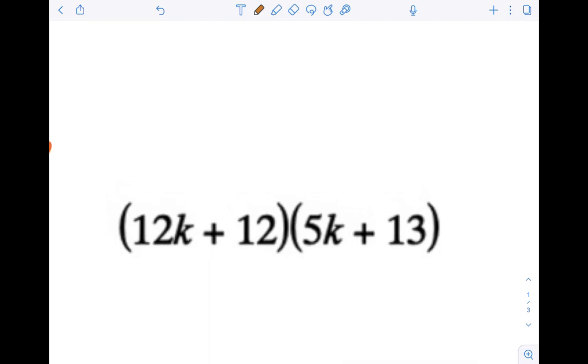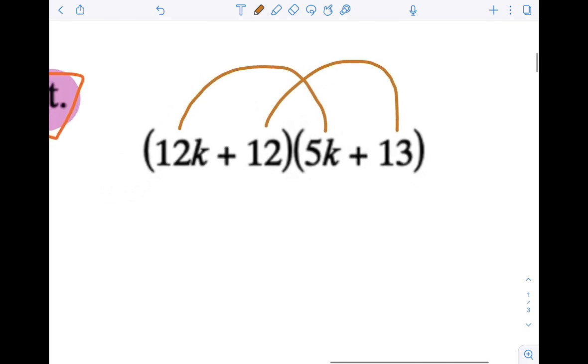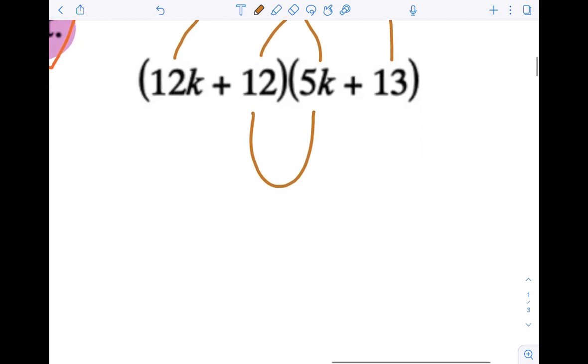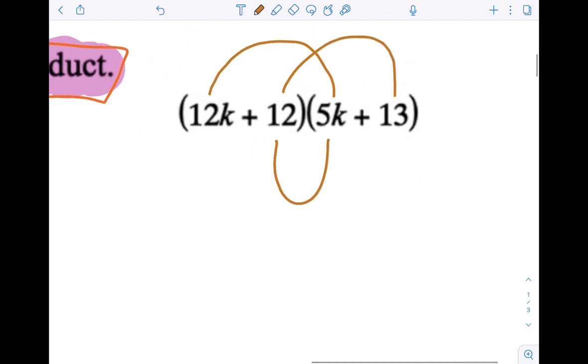So what I'm going to do is I'm going to draw one eyebrow from this 12K to this 5K. Then I'm going to draw my second eyebrow from this 12 to this 13. Then I'm going to draw my nose of my monkey here, and I'm going to do 12 times 5K. Then, depending on how you see it, if it's a smile or if it's the cheek, the chin, 12K times 13.